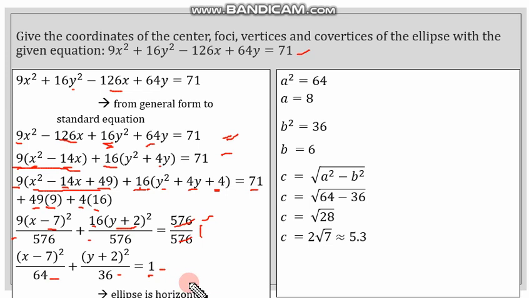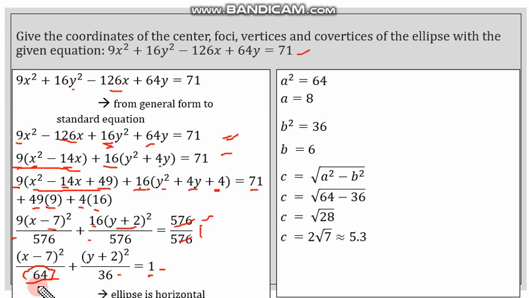Therefore, our standard equation of the ellipse is the quantity of x minus 7 squared over 64 plus the quantity of y plus 2 squared over 36 is equal to 1. We expect that our ellipse is horizontal since the greater value in the denominator is in the x part.